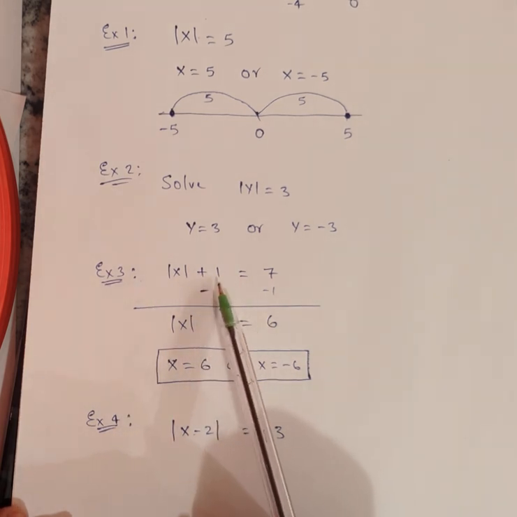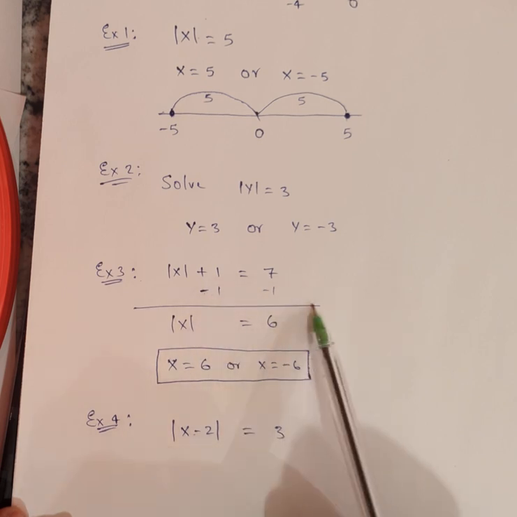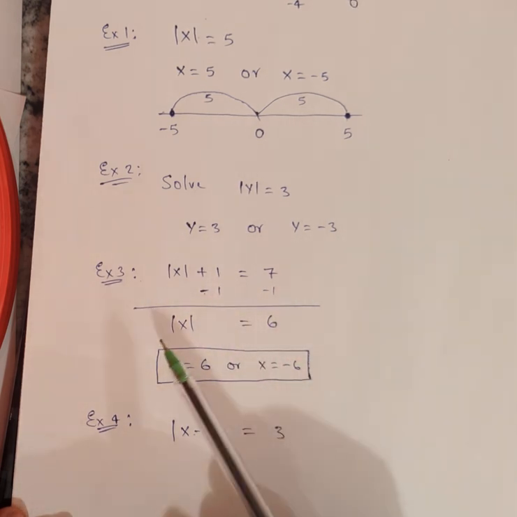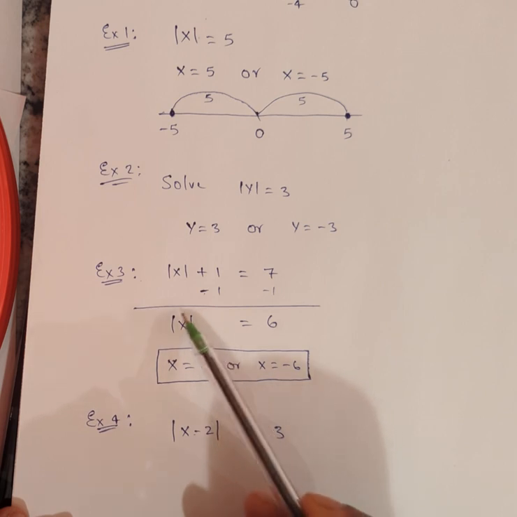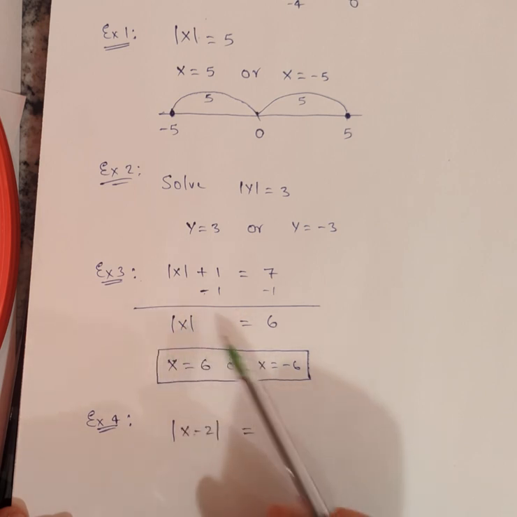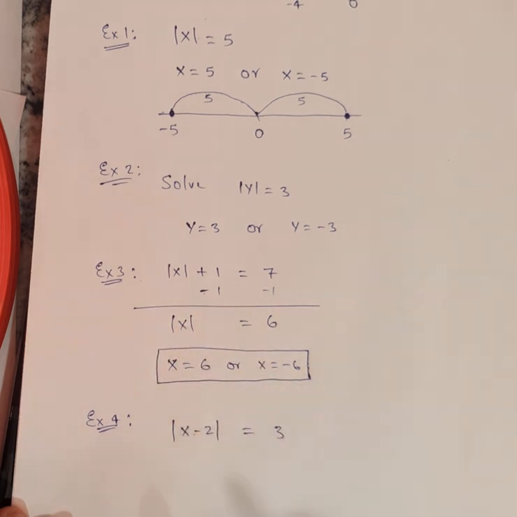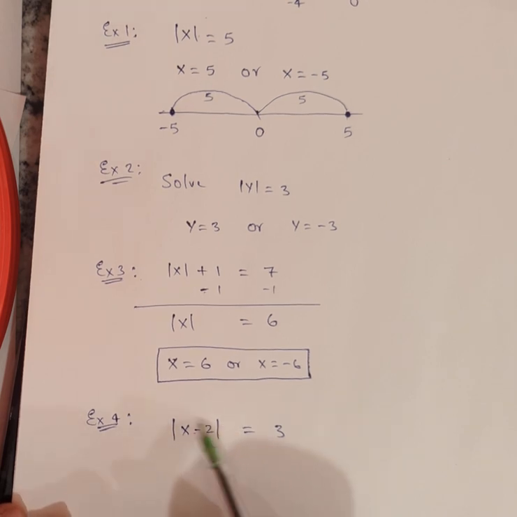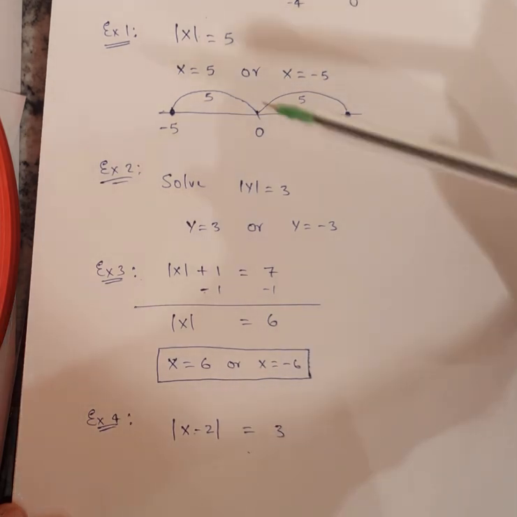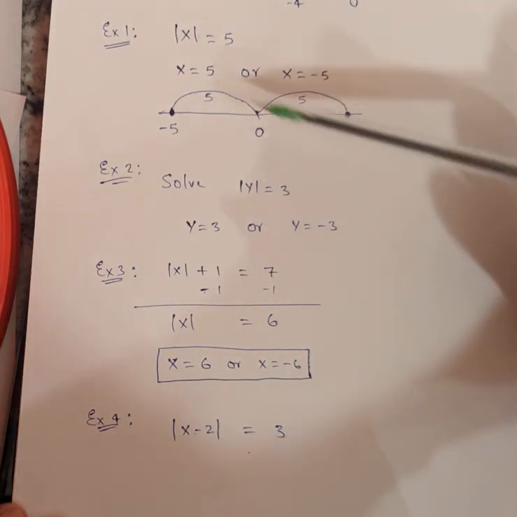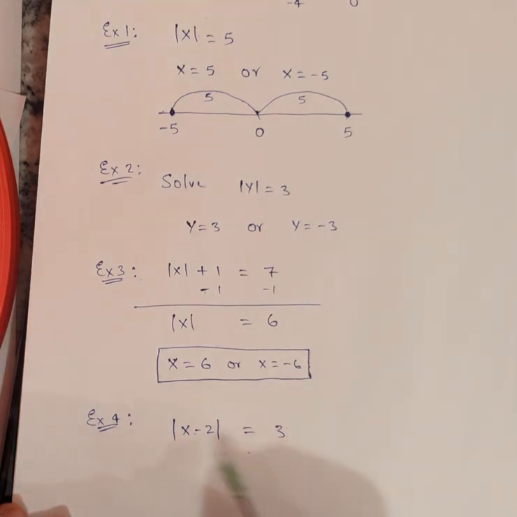So if it is outside, you want to get rid of that first. And the goal is to just have absolute value on the left side of the equation. Now here we have just the absolute value. So we are actually fine.